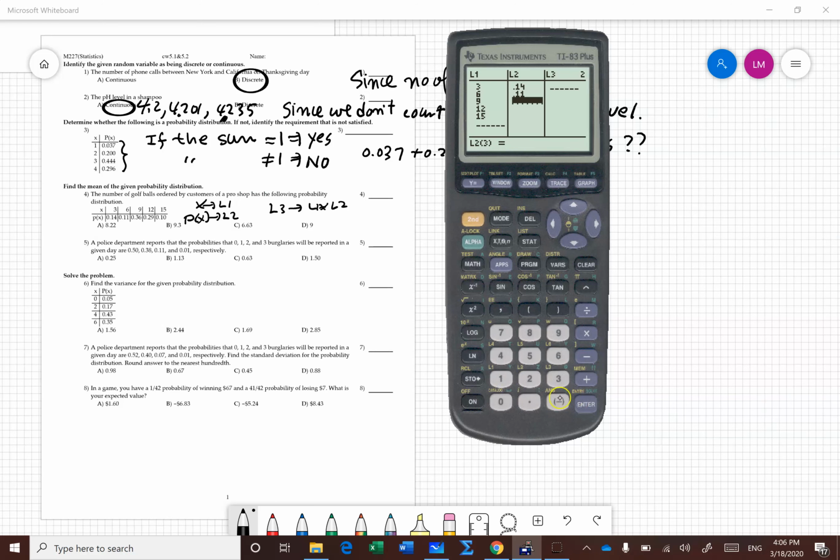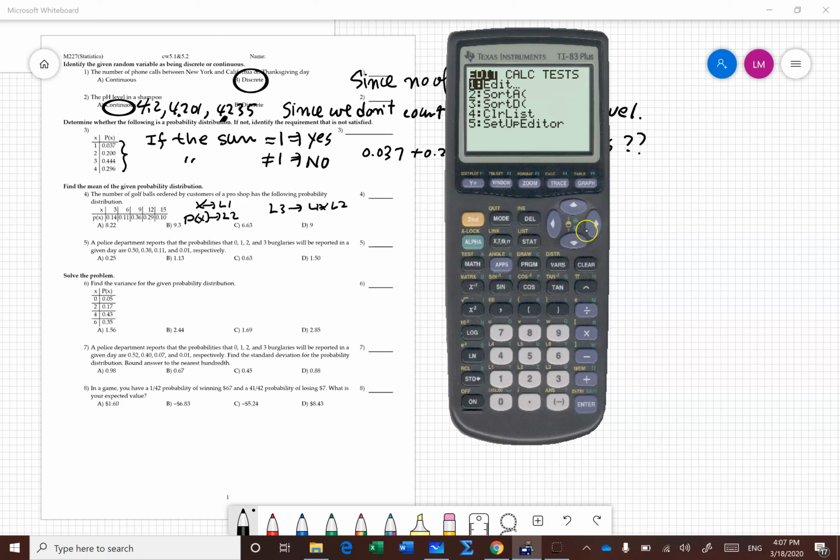0.11, 0.36, 0.29, 0.1. Okay, so now you go to L3, highlight L3, and second L1 times second L2. Then you have to add the numbers in L3.